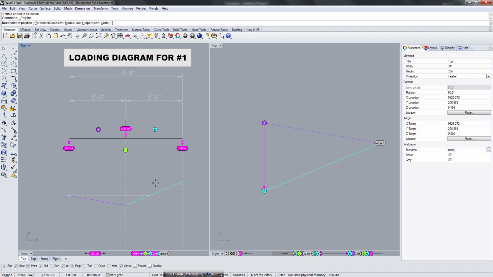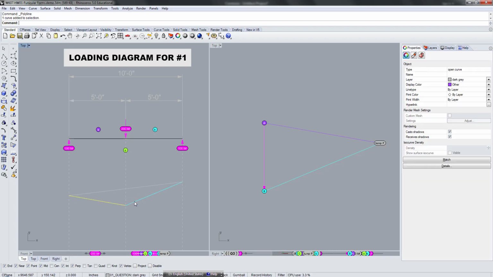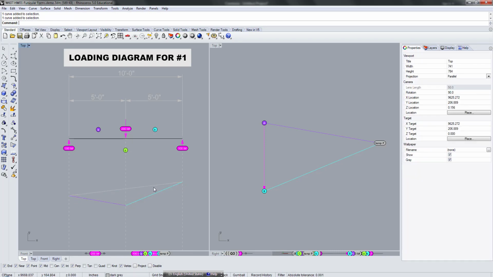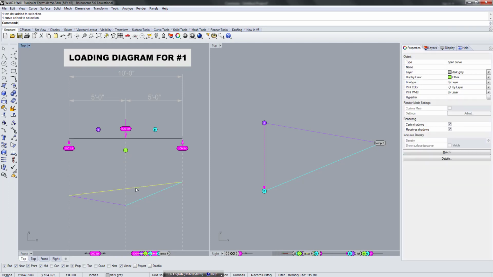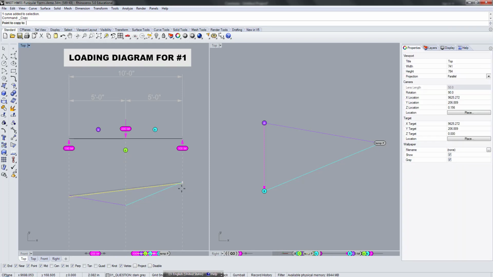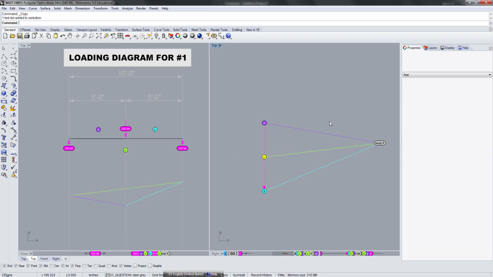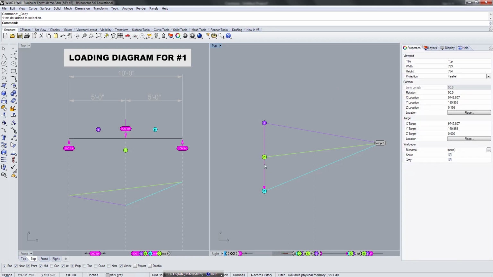What we need also is a closing line that closes these two lines into a closed polygon, and that's corresponding to zone C. So I'm going to color it with the color of the alphabet C, and that actually determines the location of point C on the force diagram, which also means this determines the magnitude of these vertical reactions.